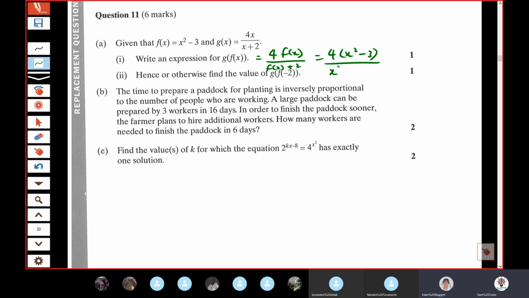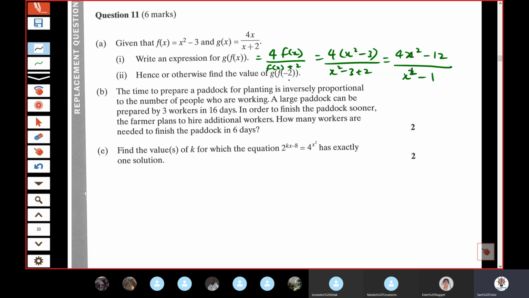Yeah, and that's it. 4 times x squared minus 3 on x squared minus 3 plus 2. Expand, and you're done. X squared minus 1. So again, g of x is this. G of anything else, you substitute that for x. Substitute f of x again for x squared minus 3, and you should end up with that.